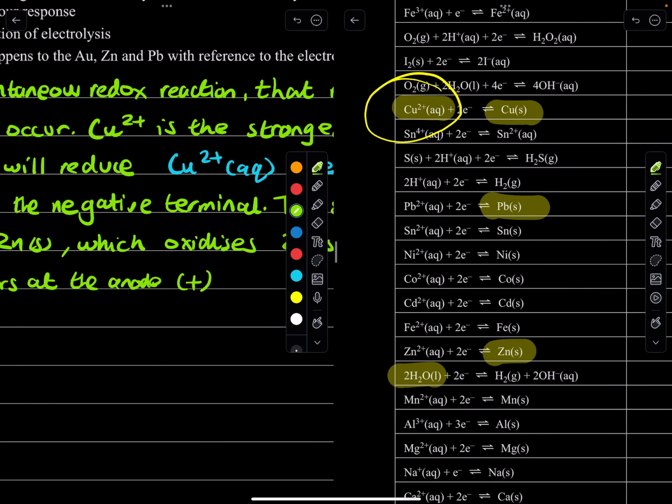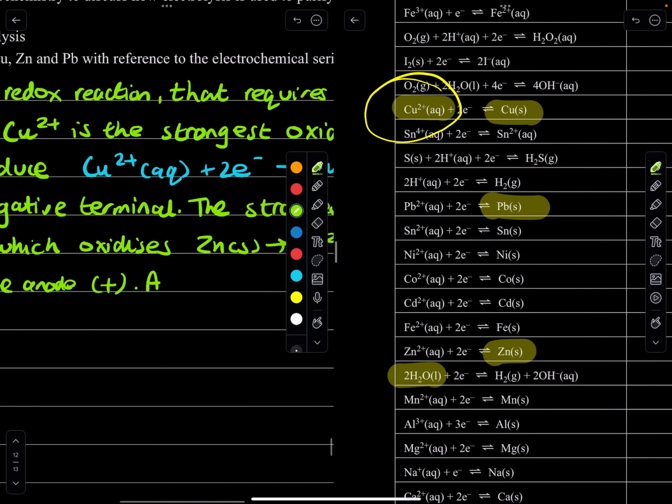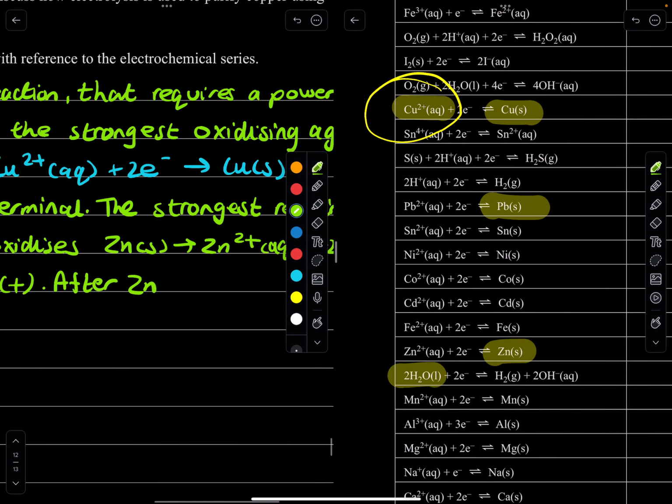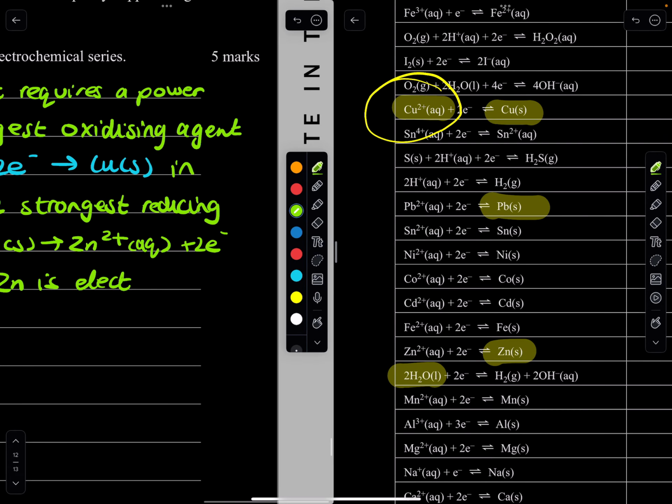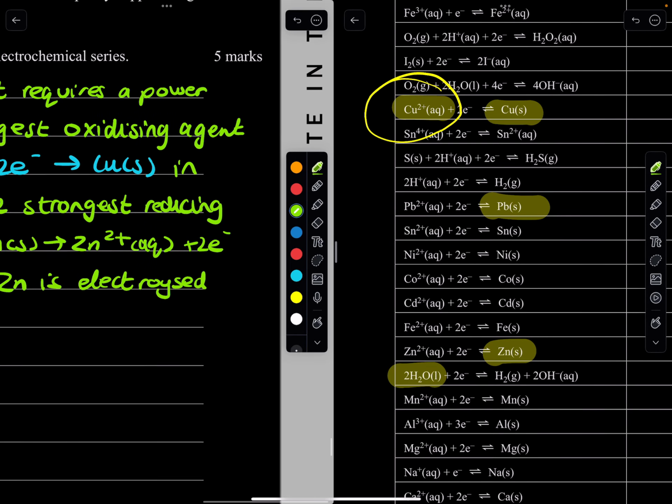So after zinc is electrolyzed, basically it's gone. Electrolyzed, probably spelled it wrong.